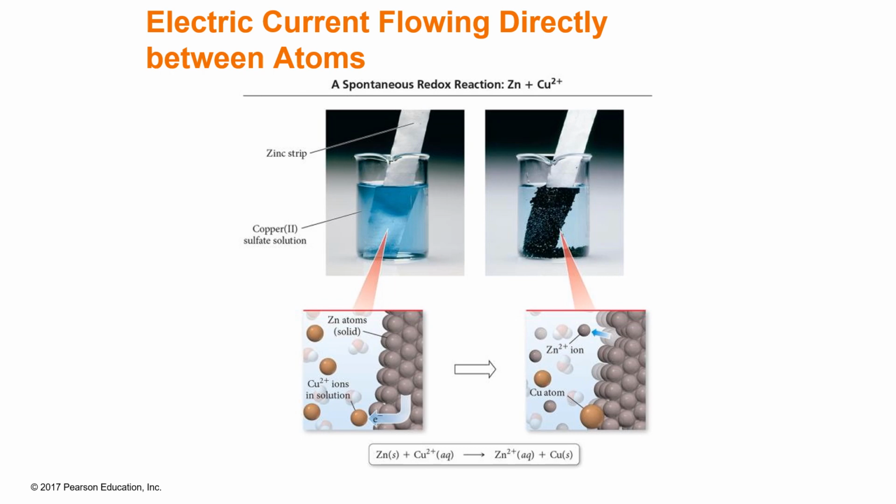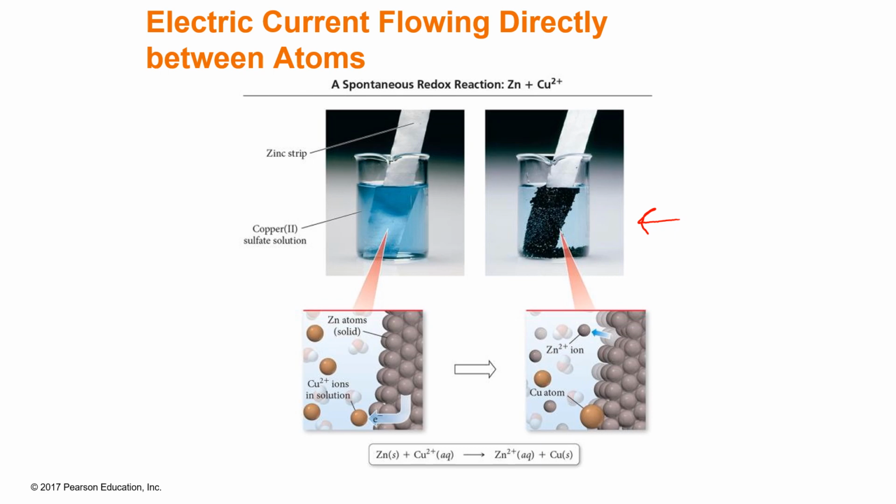We can produce an electric current flow simply by putting two different metals in contact with each other. So if we take a zinc piece of metal and we put it into a copper solution, there is a flow of electrons from that zinc metal to the copper, and we will actually get copper metal that forms on the surface of that zinc just by putting those two solutions together.